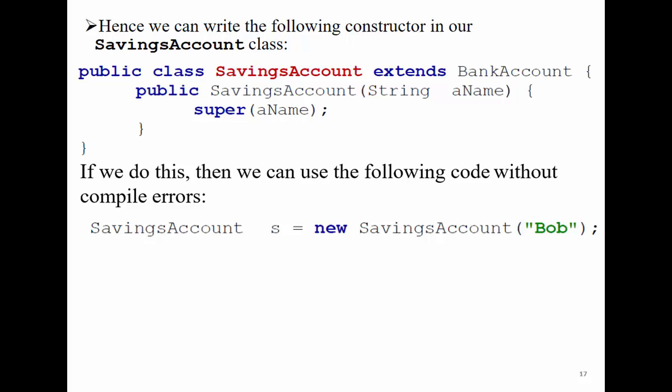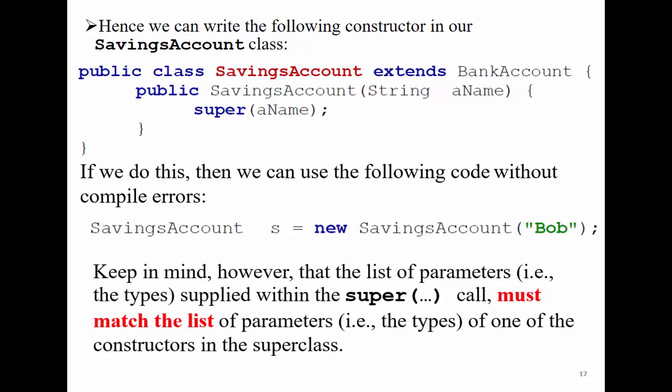Whenever you are trying to construct saving account, remember, saving account inherits some fields from the bank account. So you need to initialize these fields in an appropriate way to be able to have an extended object, which is the saving account. That's why we are calling the constructor of the superclass. Now, if we create a saving account and we give the name, it will work.